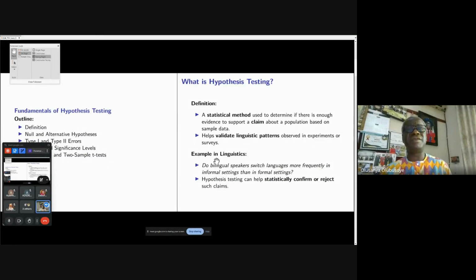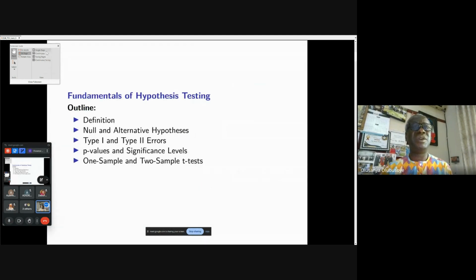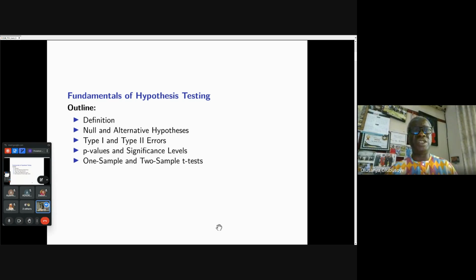As much as possible, I've been very careful to only focus on what you need as a linguistic researcher for your computational linguistic data.